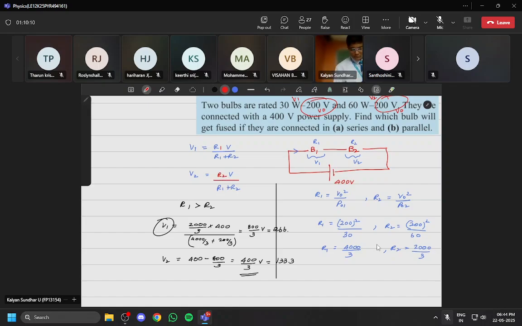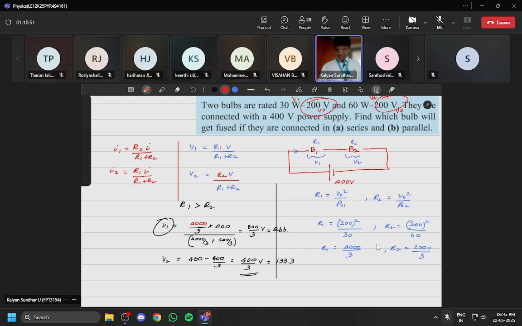Correct. For the current divider rule, I1 will be of your R2 I divided by R1 plus R2, and I2 will be equal to R1 I divided by R1 plus R2. Correct. And this will not be, this is 400. For R1, this will be 4000 by 3 into 400.